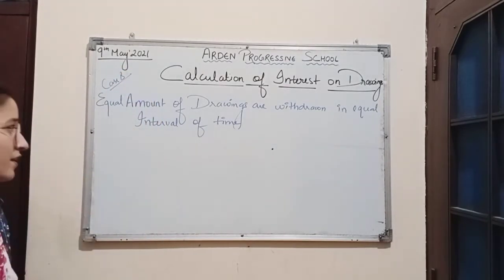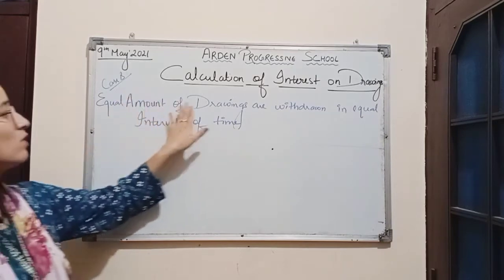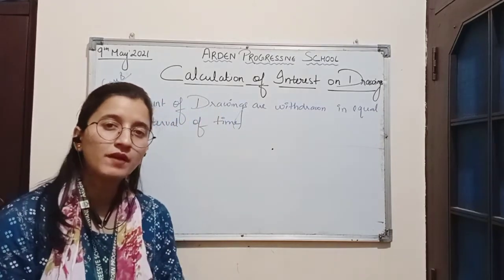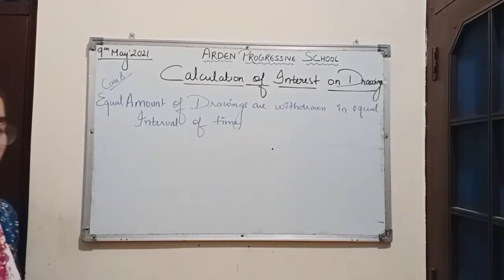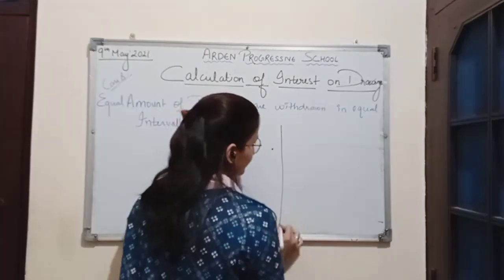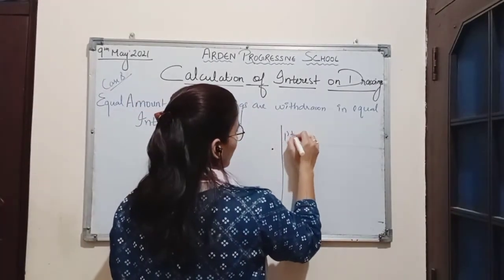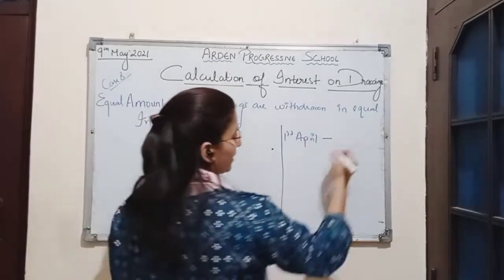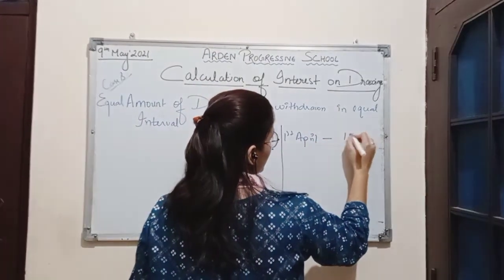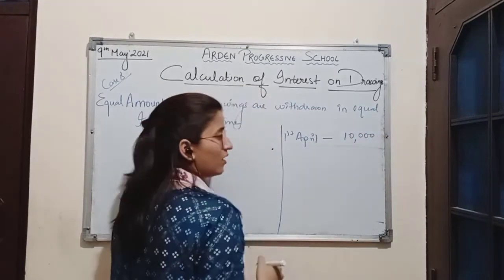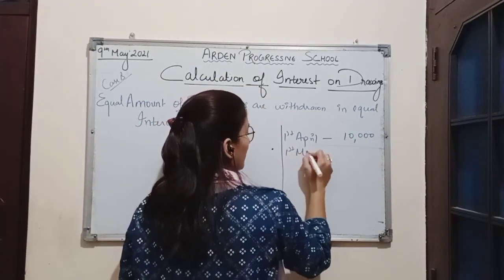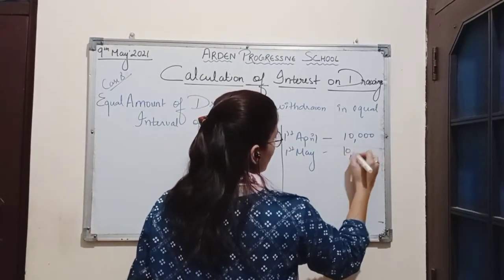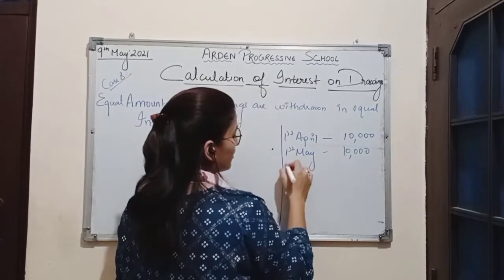So here is another case where equal amounts of drawings are withdrawn by the partners in equal intervals of time. For example, on 1st April the partner withdraws rupees 10,000. Then on 1st May, again he withdraws the same amount, 10,000.